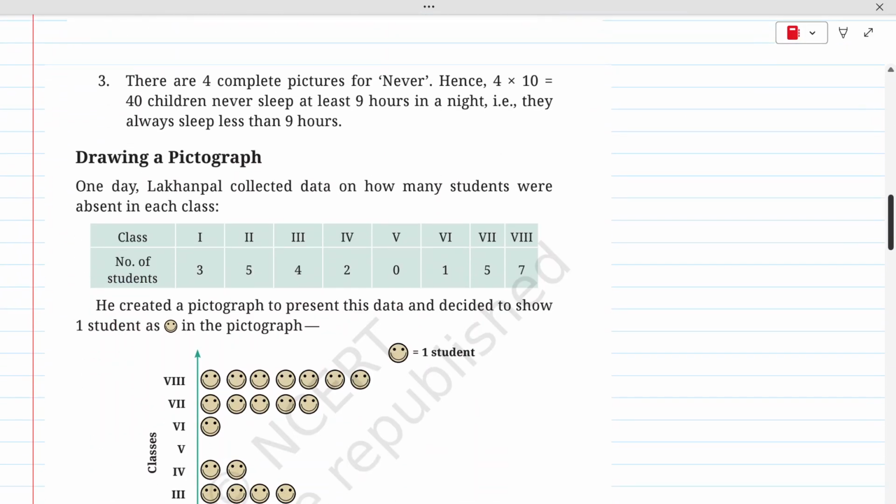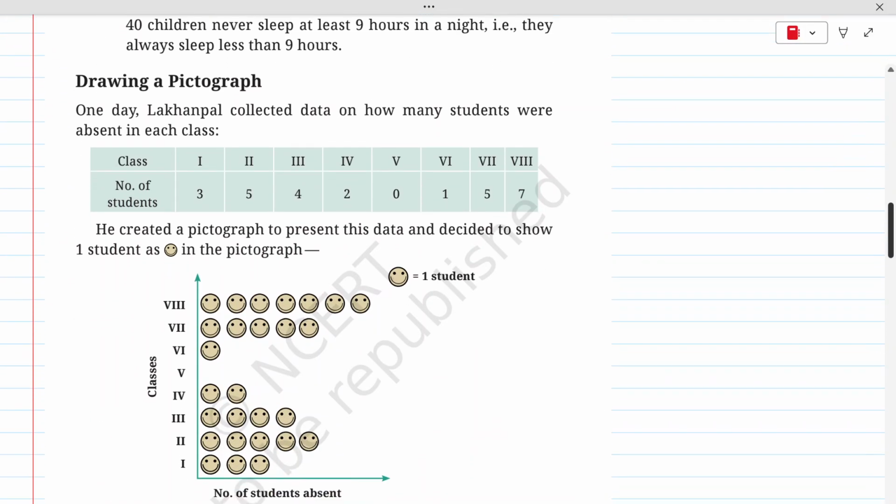Next, we have drawing a pictograph. Now we have the case when data is given to us and we have to draw a pictograph from that data. This thing we have also done in previous grades, but let's see how we have to do this. One day, Lakhan Pal collected data on how many students were absent in each class.